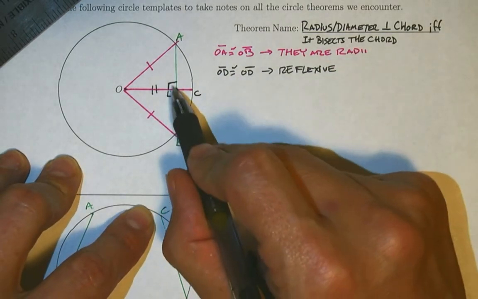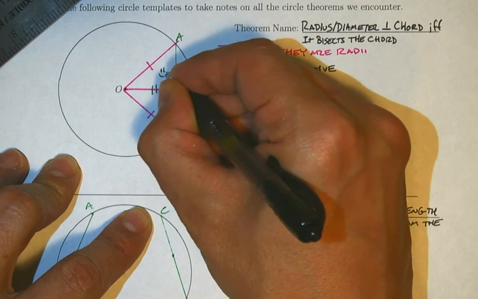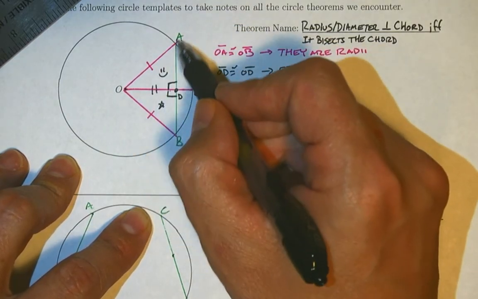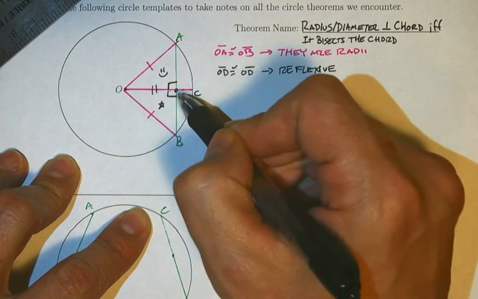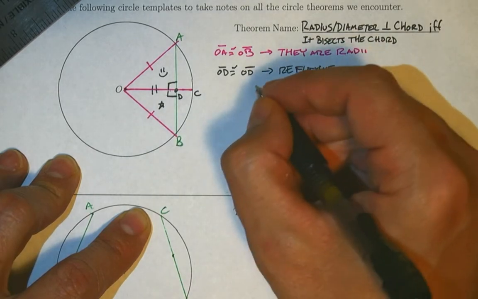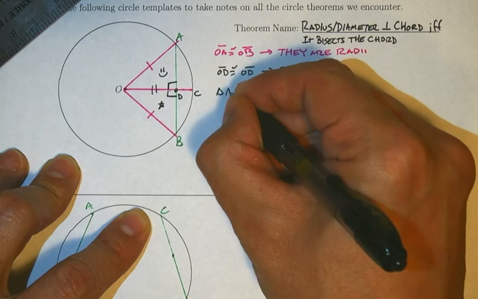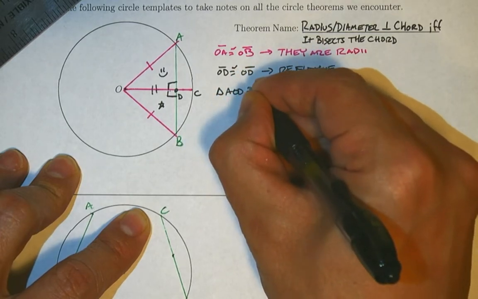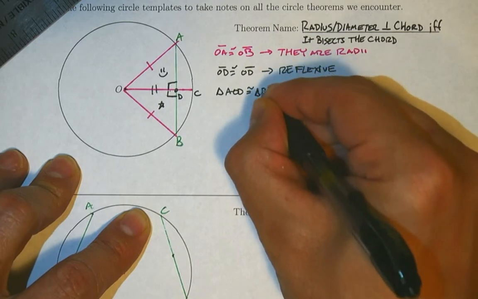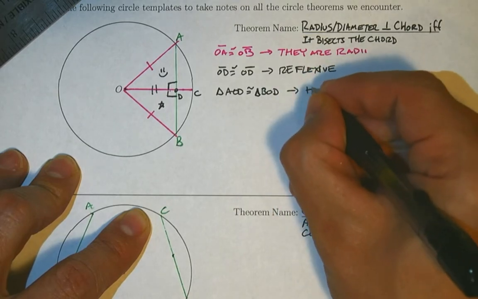And then looking at these two triangles, triangle happy face and triangle star, triangle AOD and BOD are both right triangles, so that means we can use HL. So we can say that triangle AOD is congruent to triangle BOD, and that's by HL.